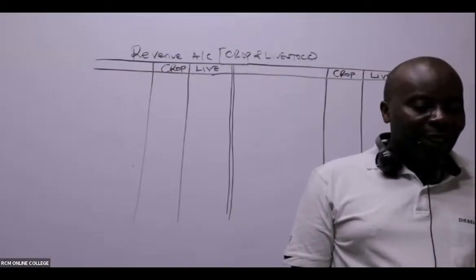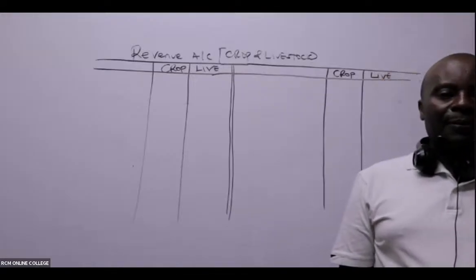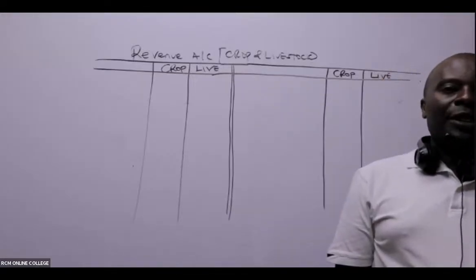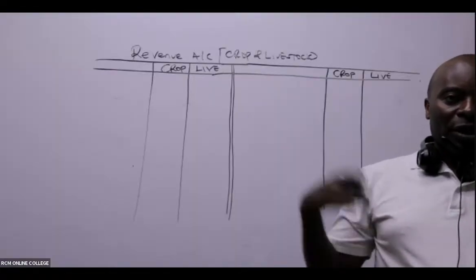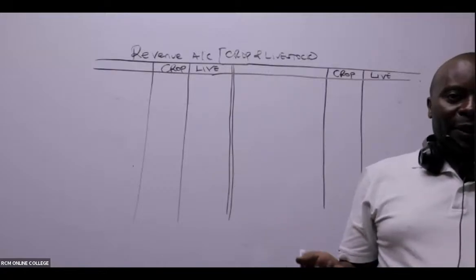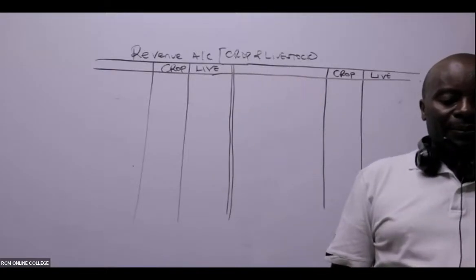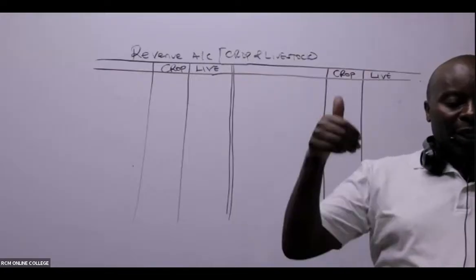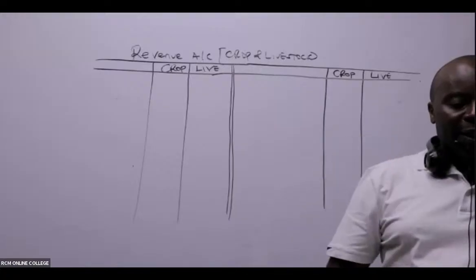So don't forget, with these revenue accounts, normally those things are very easy. Opening stock, closing stock, purchase expenses, sales, we shall. So once you finish, kindly put your thumbs up like this, or you simply type there, yes.